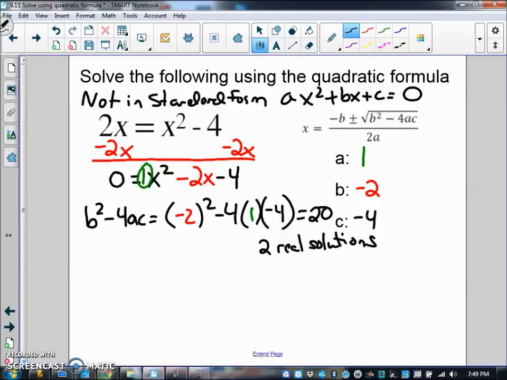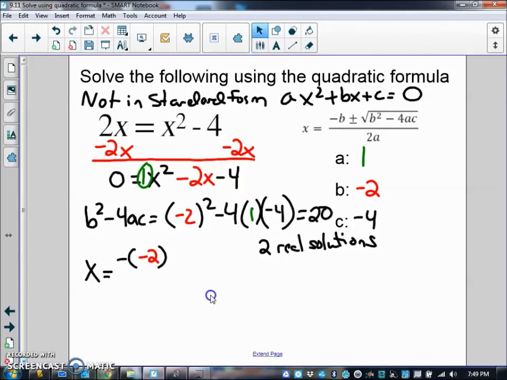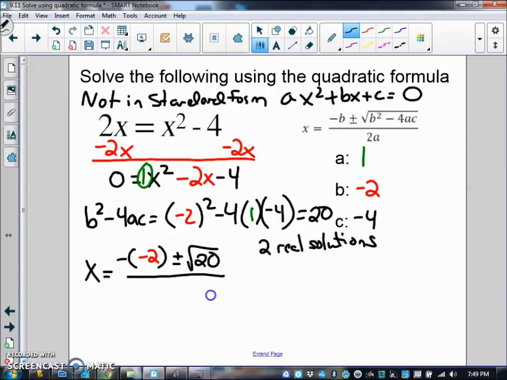Therefore, as I solve, I have x is equal to negative b, my b value here being negative 2, plus or minus the square root of 20, which is not a perfect square, all over 2 times 1.